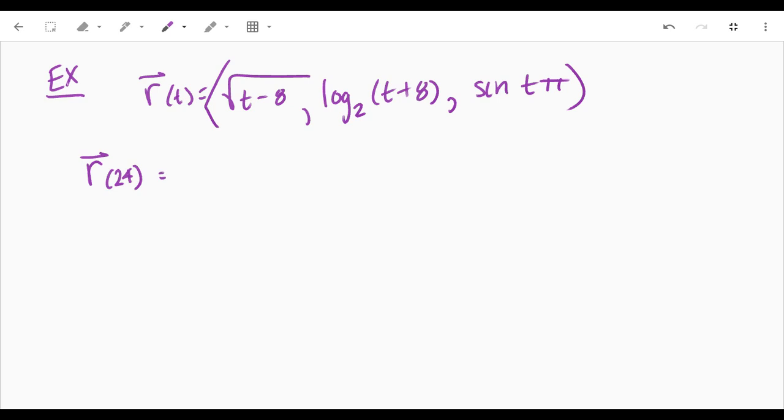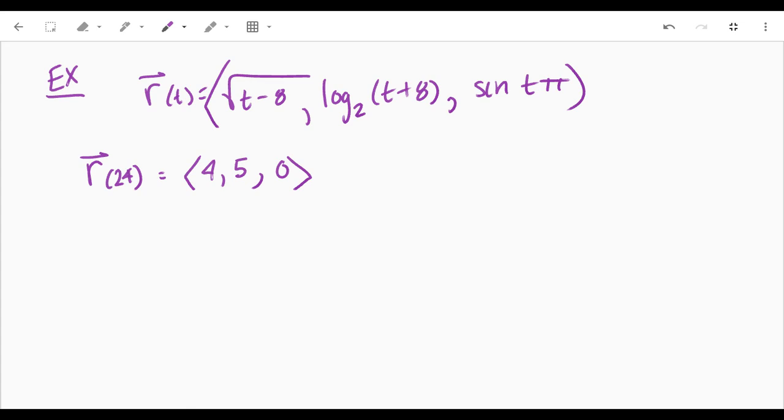Just plug 24 in for t. So we'd have the square root of 16, which would be 4. We'd have log base 2 of 32. 2 to what power is 32? That's 5. And then we would have the sine of 24 pi, which would be 0. Okay, so we could evaluate a vector function.